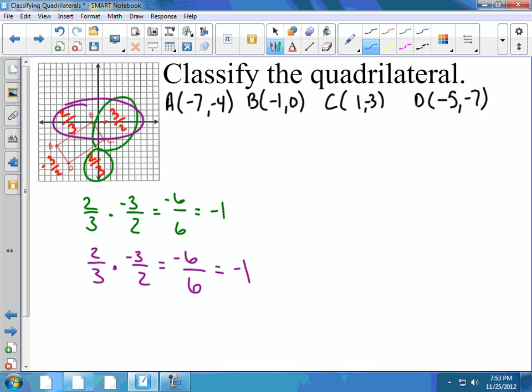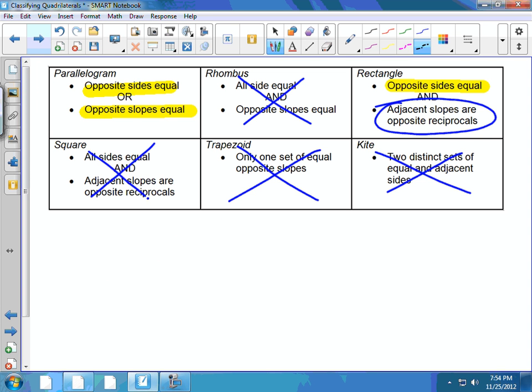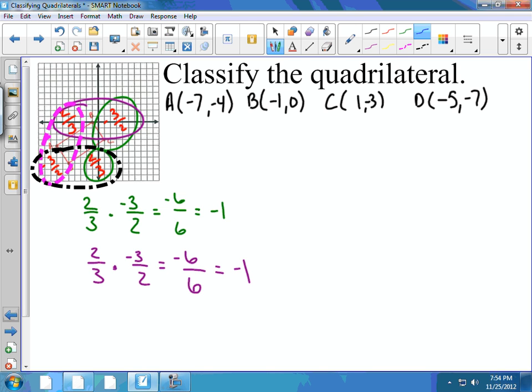And if you continue the pattern between these two and these two here, you'll find out that those will be -1 as well. So the adjacent slopes are opposite reciprocals. So our final answer is that ABCD is a rectangle.